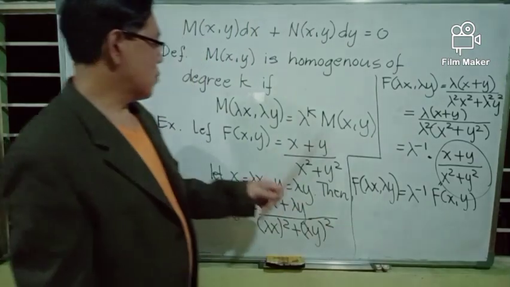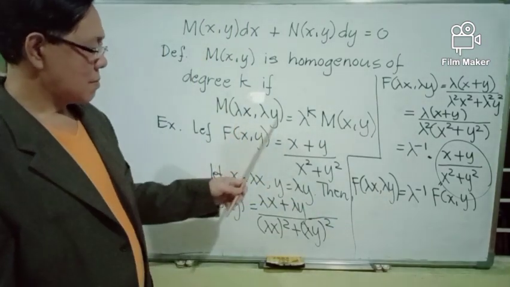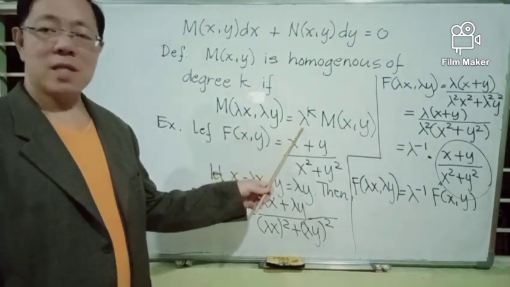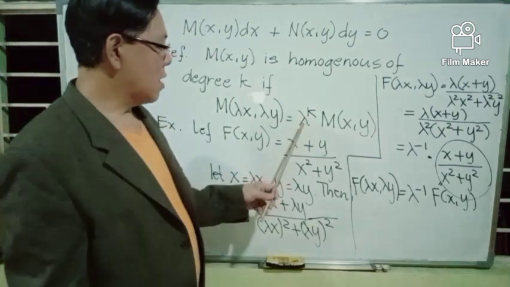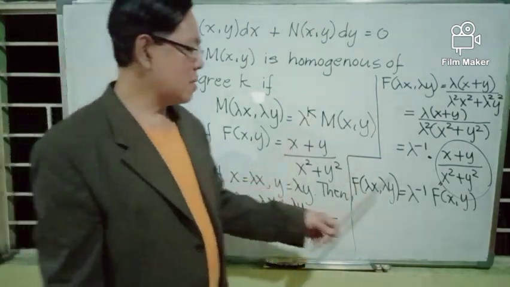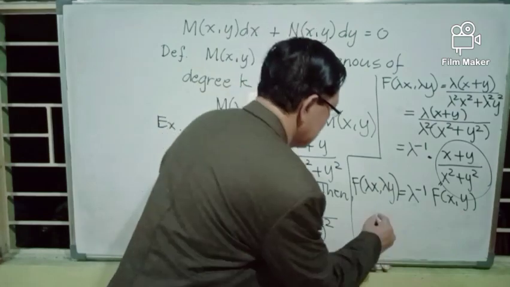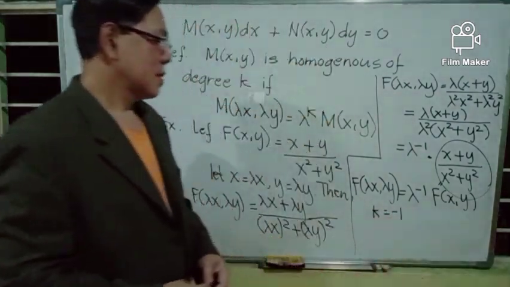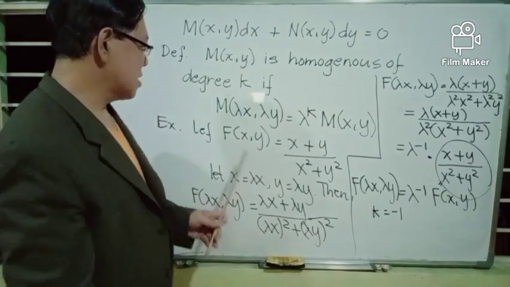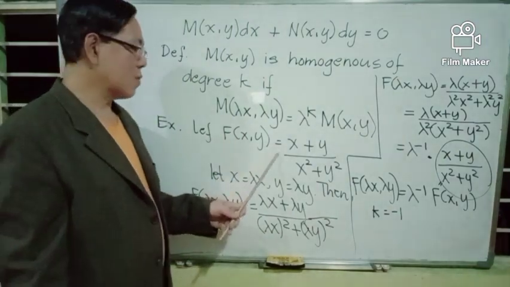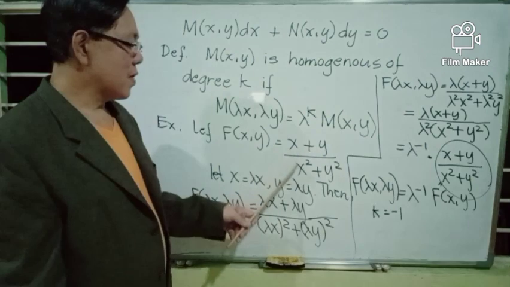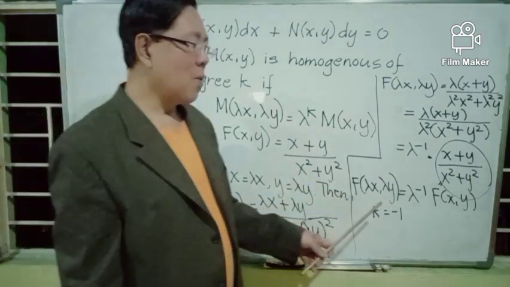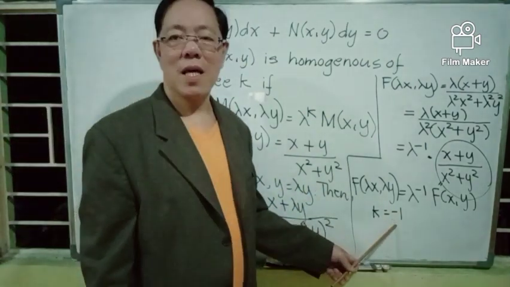Comparing this with the definition, the exponent k of lambda is negative 1. Hence, we conclude that the given function f of x y equals x plus y over x squared plus y squared is a homogeneous function of degree negative 1.